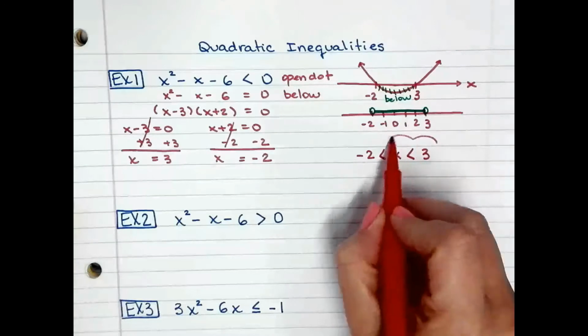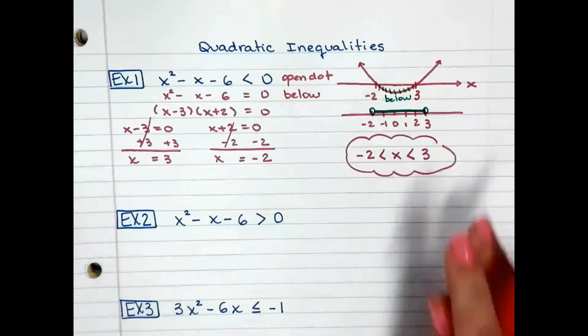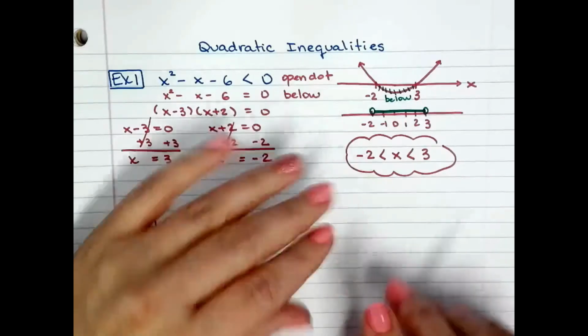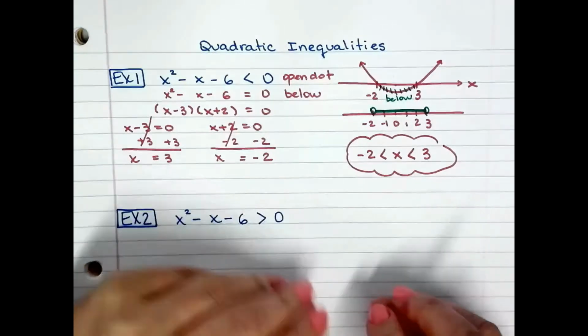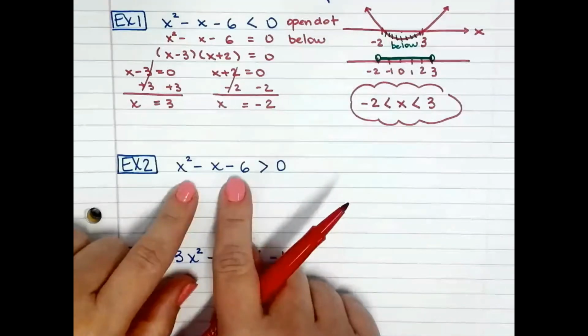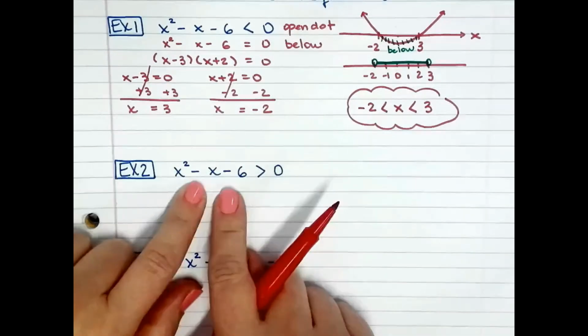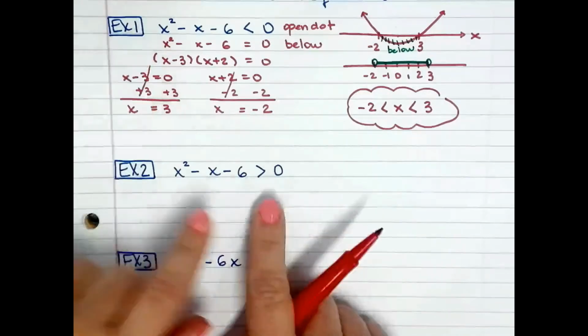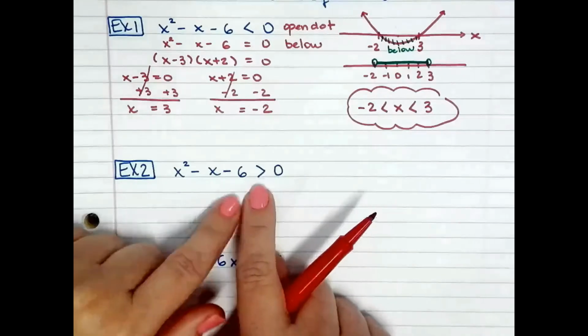Okay? I will go ahead and attach a couple videos to help you with the compound inequalities, solving quadratics, and all the other things that you might be a little iffy about. Okay, the good thing is this is very similar to this one. I say similar because they're not the same. This one is greater than.